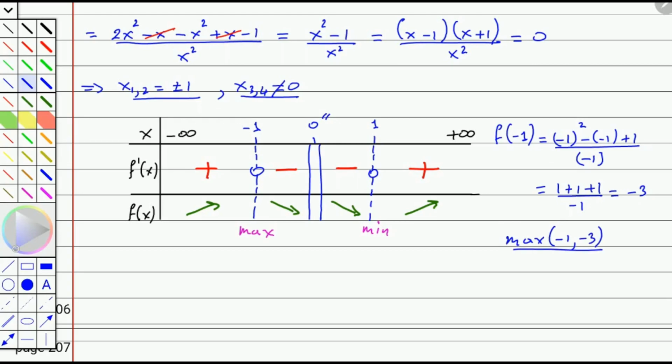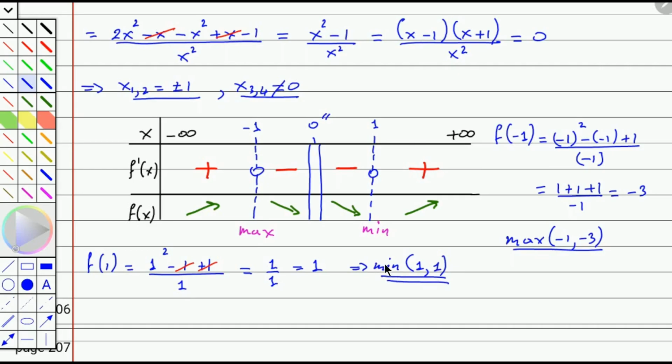Now for the minimum, f of 1 equals 1 squared minus 1 plus 1 divided by +1. These two cancel, and we have 1 over 1, which is 1, and so the minimum is (1, 1).